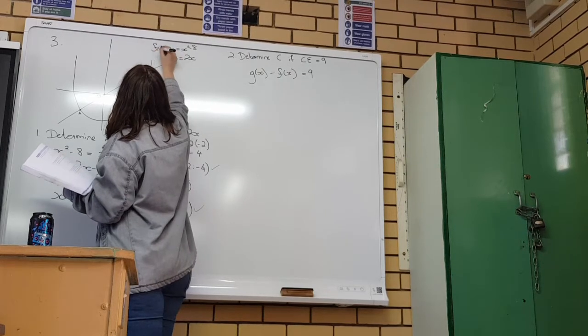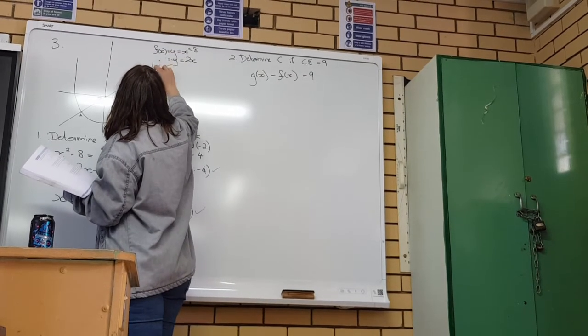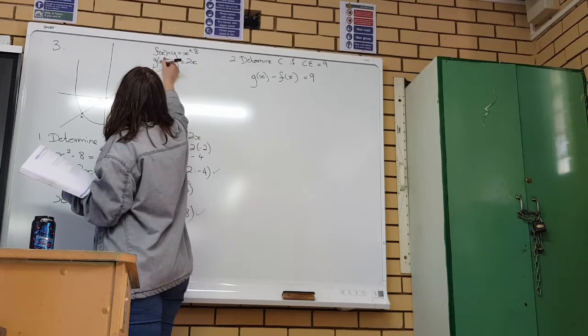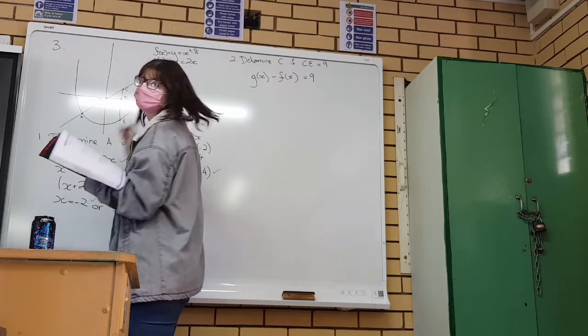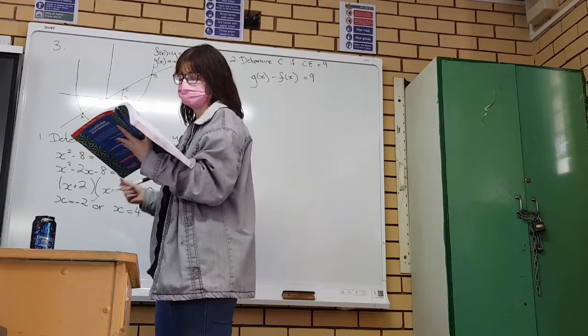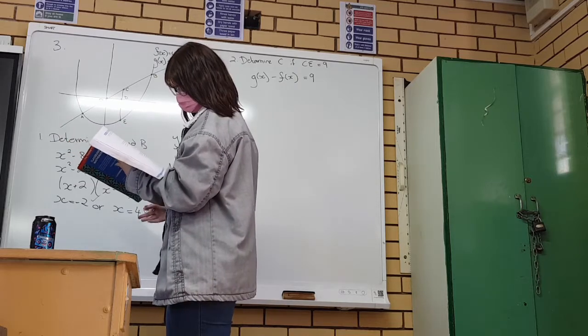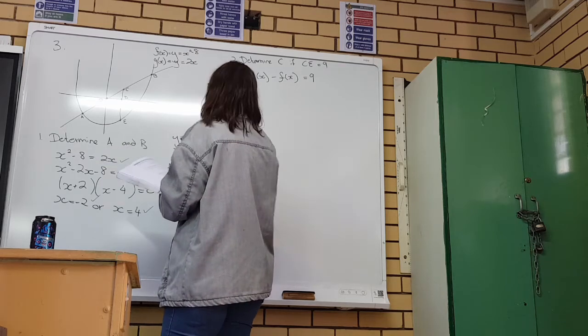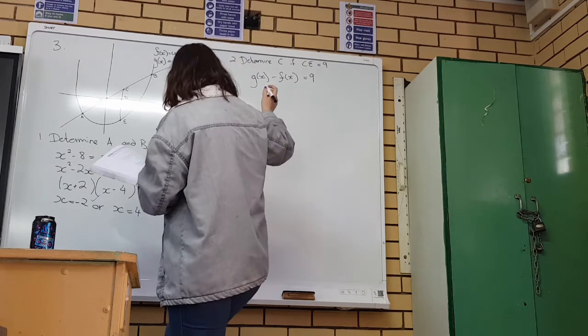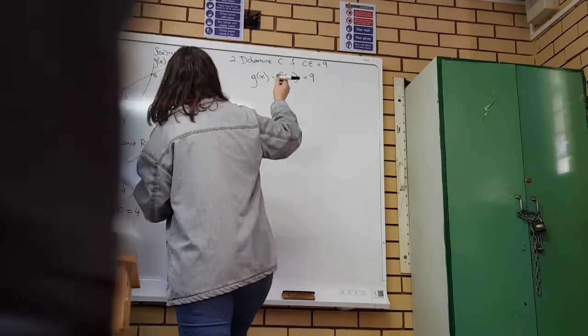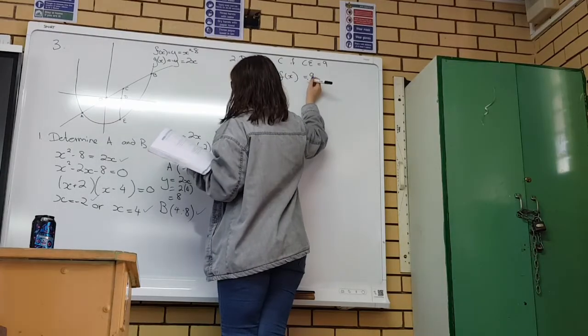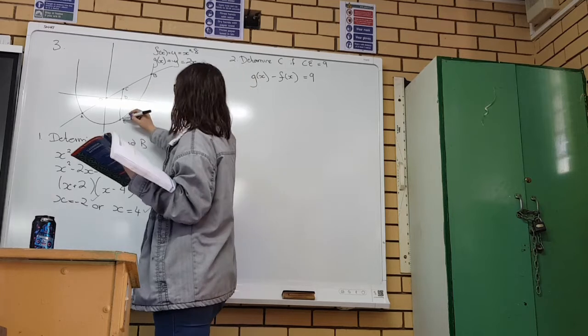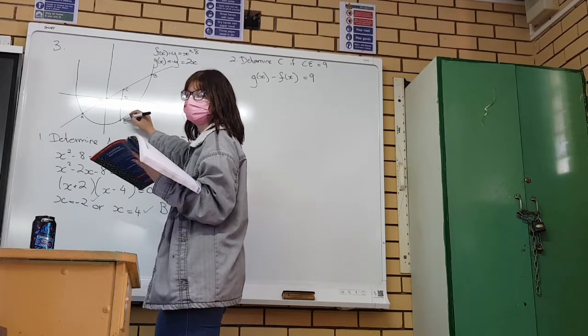So I've got f(x) equals and g(x) equals. I take g(x) and I minus f(x) and I get 9. So I take that point and I minus that point and I get 9.